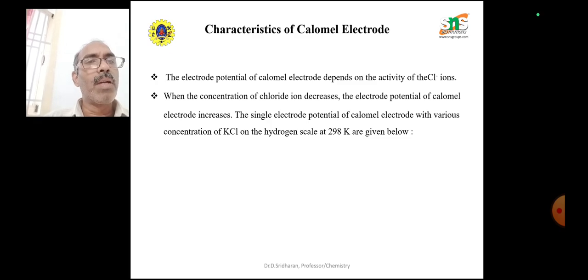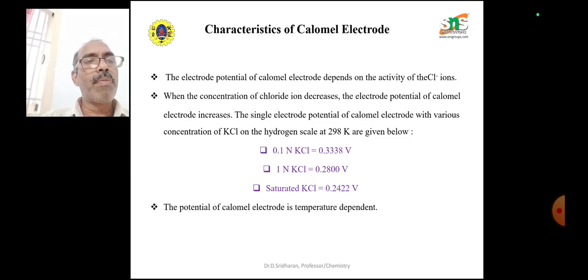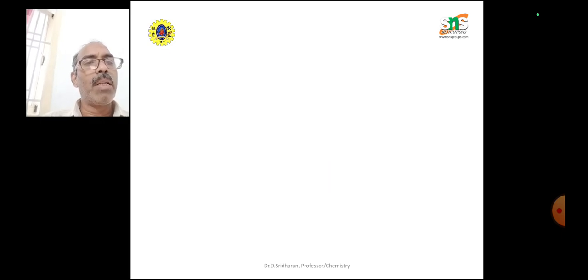Some concentrations and the variation of potential: 0.1 normal KCl gives 0.33 volt, 1 normal KCl solution gives 0.28 volt, and saturated KCl gives 0.24 volt at 25 degrees Celsius. The potential of the calomel electrode is temperature dependent.